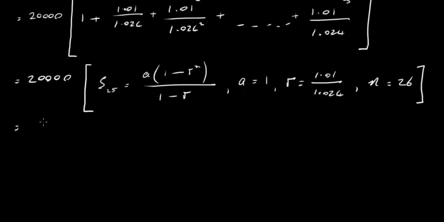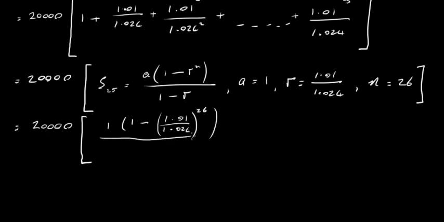So let's work that out. Now we have 20,000, and in here we're going to have a, which is 1, times 1 minus r, which is 1.01 over 1.024, to the power of n, so this is all to the power of 26.